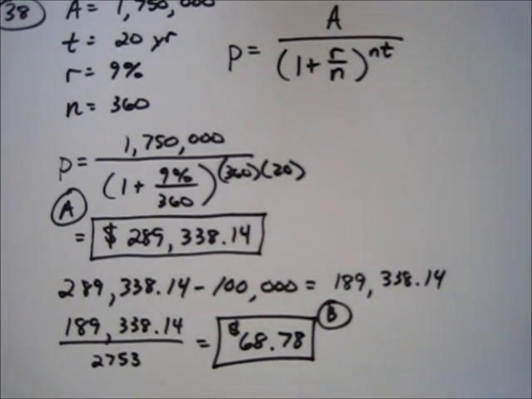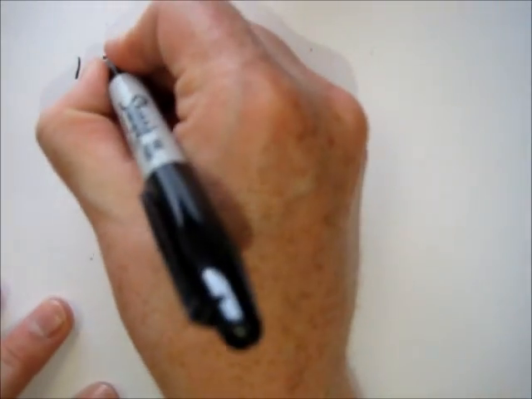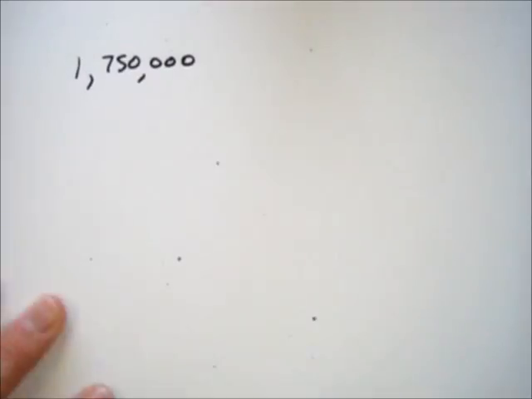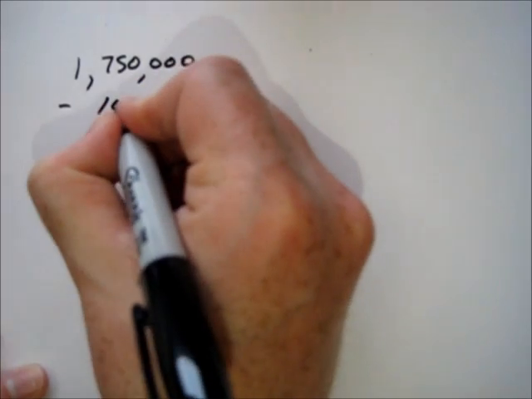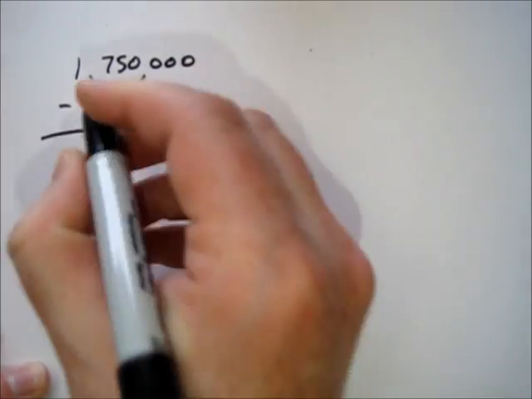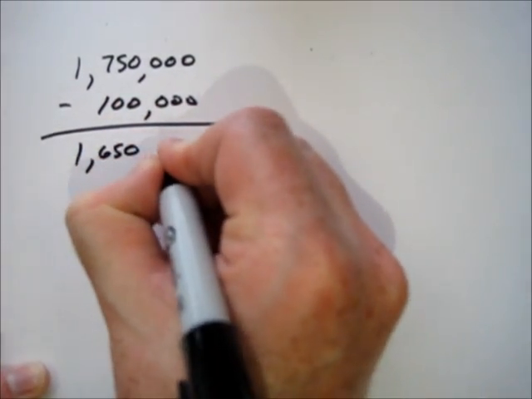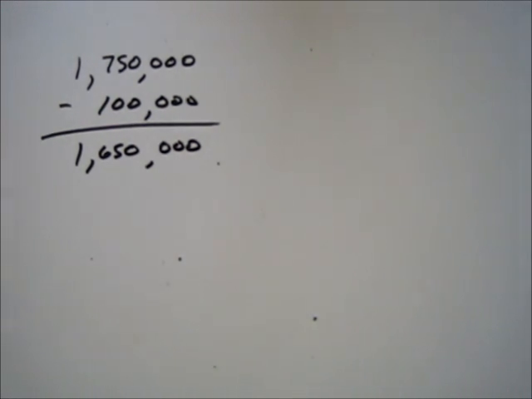If instead of investing today, they waited, okay, we need $1,750,000. Let's say they still get a grant for $100,000, so we can subtract off the $100,000. So they only need $1,650,000. Let's say the city's even grown. So instead of 2,753 homeowners, there are now maybe, I don't know, 3,200 homeowners.